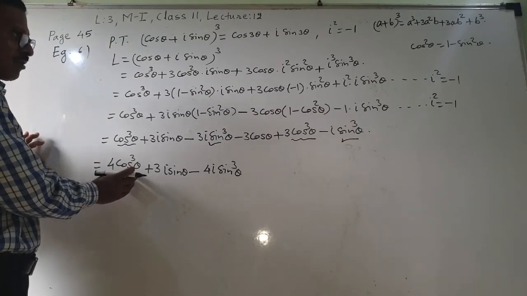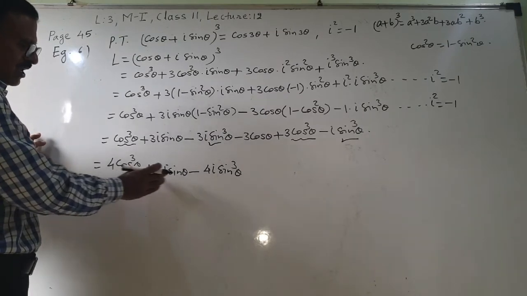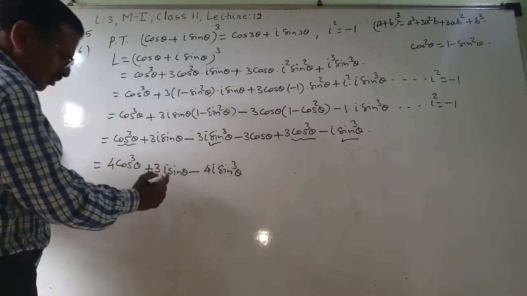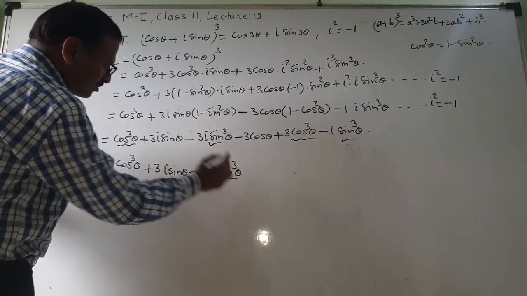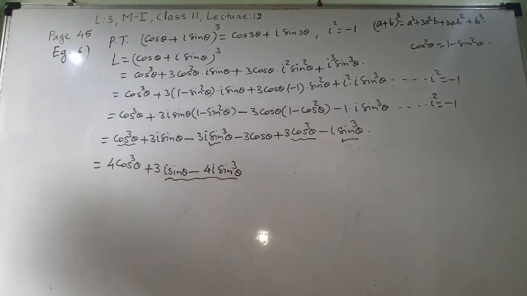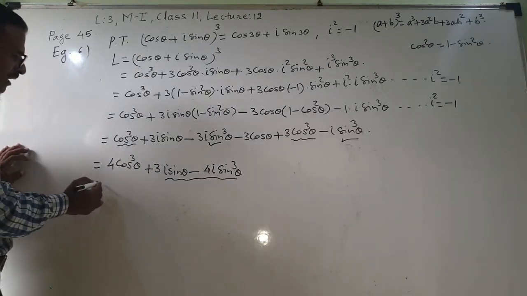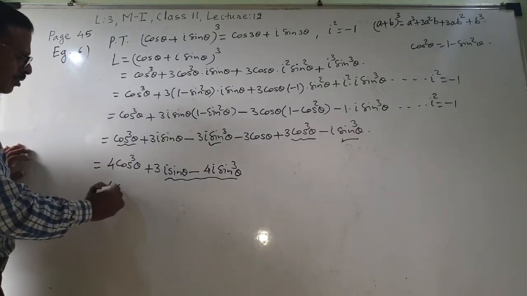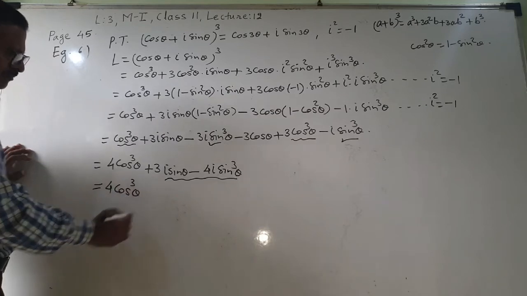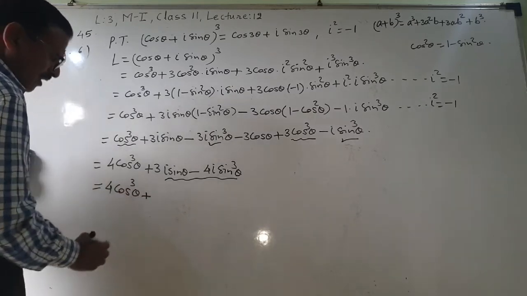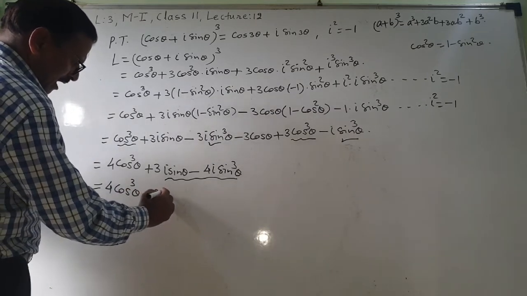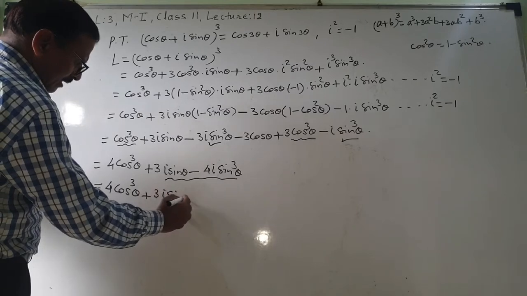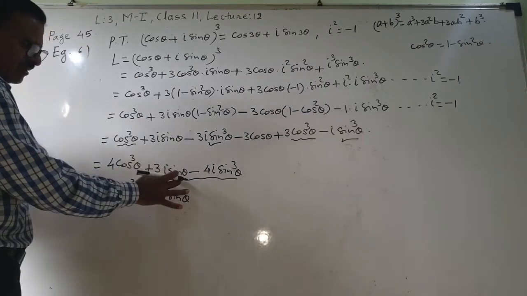So the formula for cos 3 theta is 4 cos cube minus 3 cos theta. So from this I will do some jadoo. What is that jadoo? Something you can take common. 4 cos cube theta plus, what is common? 3 i sine theta, this much is common.